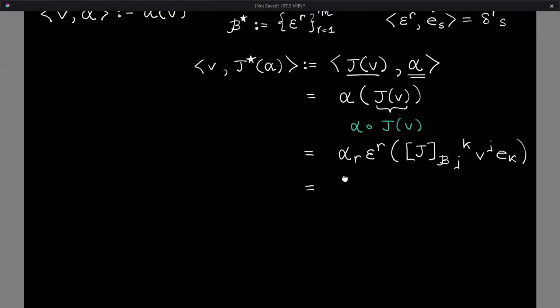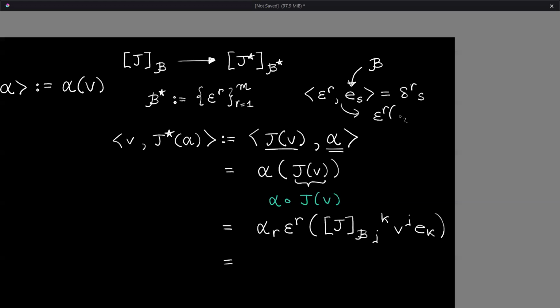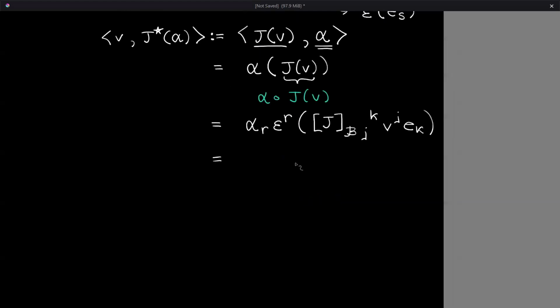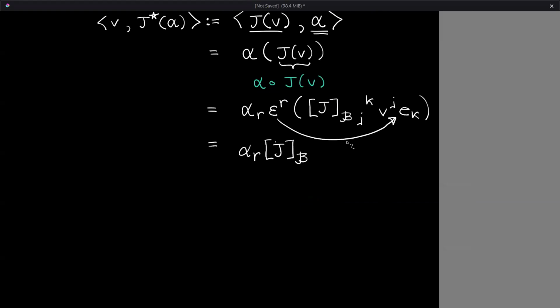Then we're using the fact that this would be equivalent to epsilon r acting on ES. So we could think of this as acting on this basis vector. These are all essentially numbers or scalars, so we can take these out. If we take them out, then we get alpha r j b, with a little parenthesis outside of this.